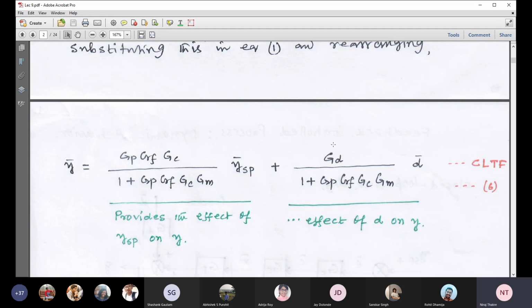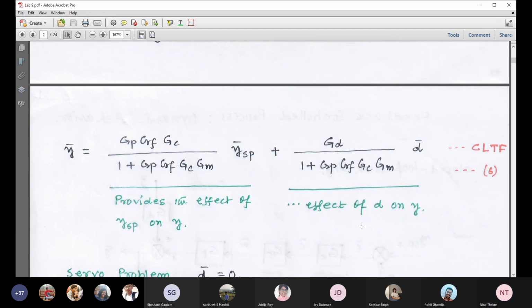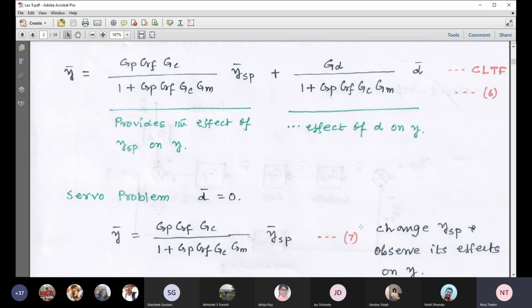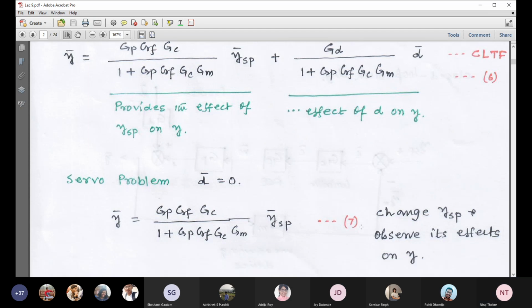That we can get from the second term. In fact, we can separate like this way. As I told, if we consider D equal to 0, then our closed loop transfer function becomes the terms which are represented in equation 7.